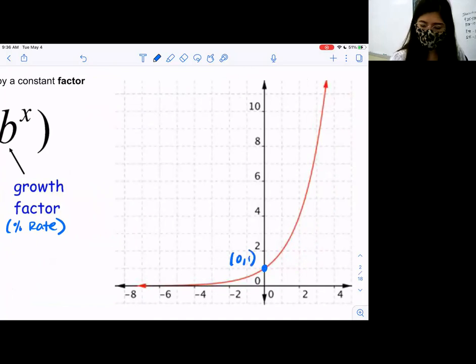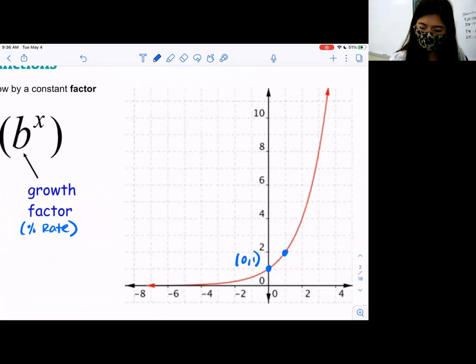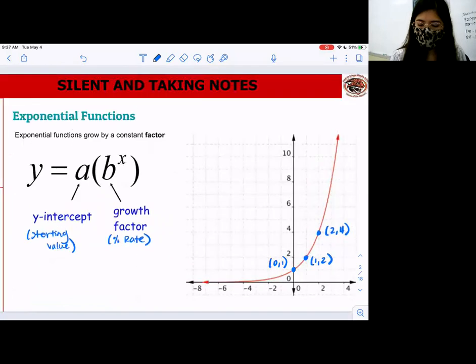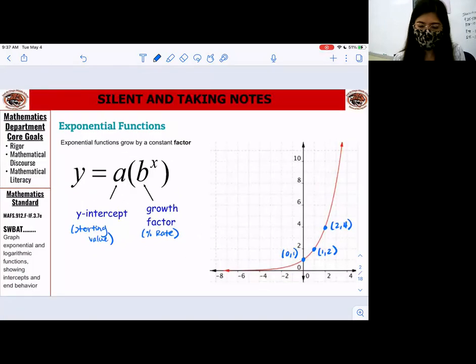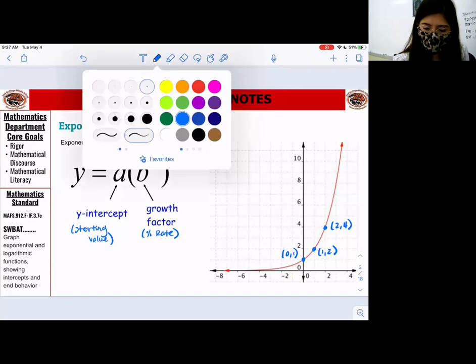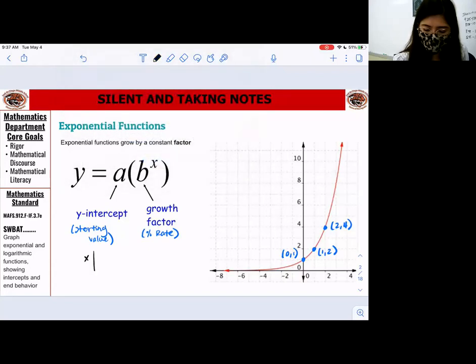And then Guillermo said, okay, 1, 2, yep. And then 2, 4. Good. So I have my y-intercept plus 2 other perfect points. And all I'm going to do is I'm just going to put them on a little chart. So I have 0, 1, 1, 2, 2, 4.